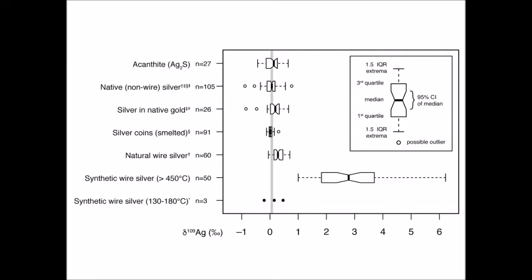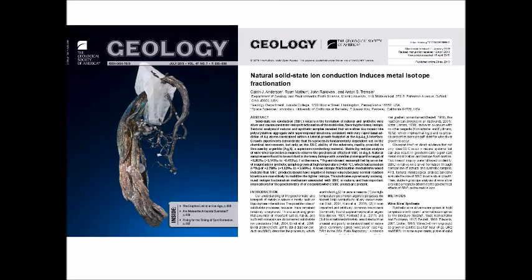Now we have a hypothesis for the origin of this fractionation, but this is something that we're trying to experimentally test currently. If you're interested in the results of all of the things that I've discussed here, including the growth of wire silver, the texture, and the isotope fractionation, this has all been recently published in a paper in the journal Geology titled Natural Solid State Ion Conduction Induces Metal Isotope Fractionation.